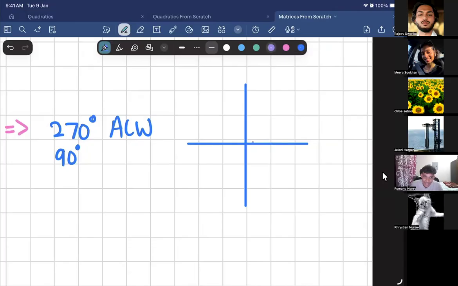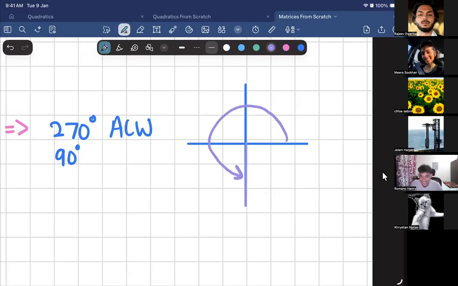So Romano, I'm going to start here, and I want you to tell me when to stop. We're going to rotate 270 degrees anti-clockwise. Anti-clockwise is in this direction, right? So how many degrees is that? 90. How much is this? 180. How much is this? 270. So I end up over here.